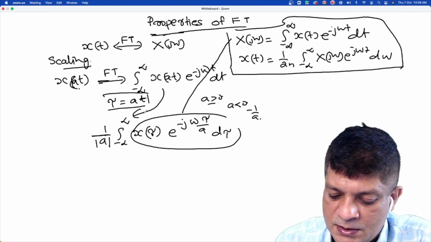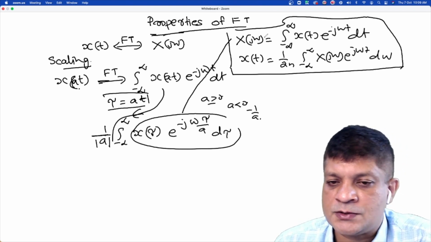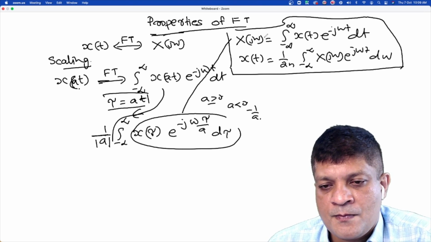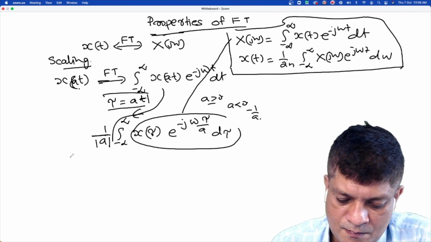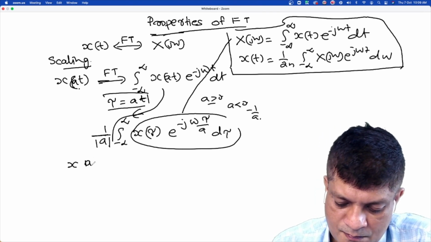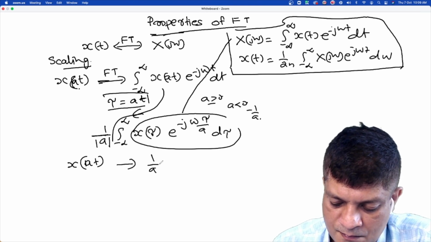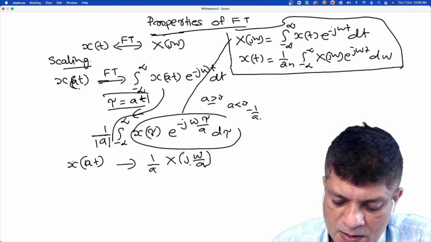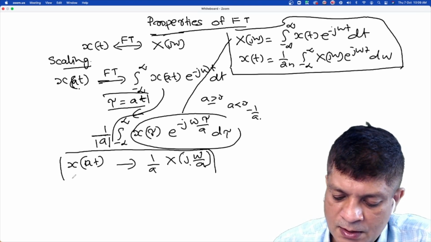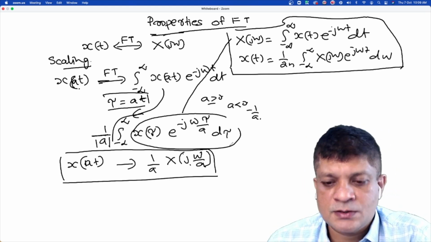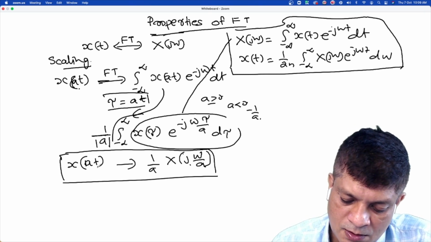Can we write this integral in terms of x(j omega)? It is 1 by mod a into x(j omega by a). That is the scaling property. This is called the time scaling property of the Fourier transform, and we have already seen some examples of this.